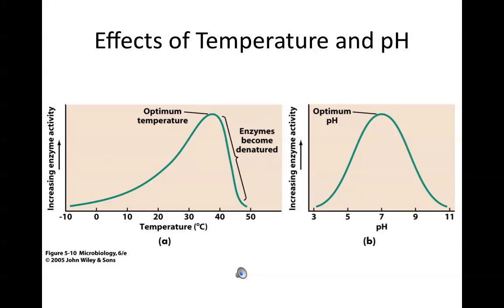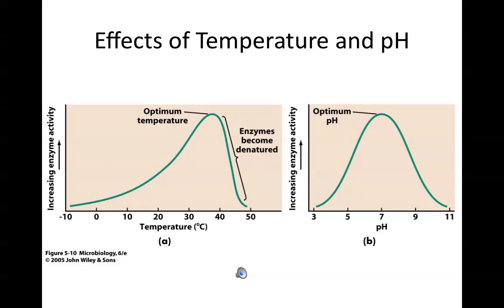Now, the alternative to controlling enzyme function is pH, acidity or alkalinity. The pH range, just like the temperature range, goes from a minimum, the most acidic that we could use, to an optimum, which is the ideal, to a maximum.